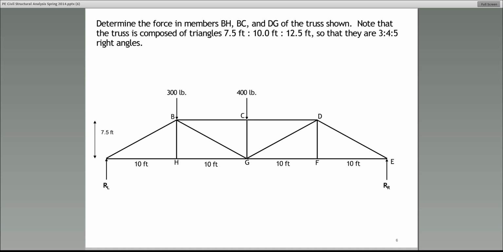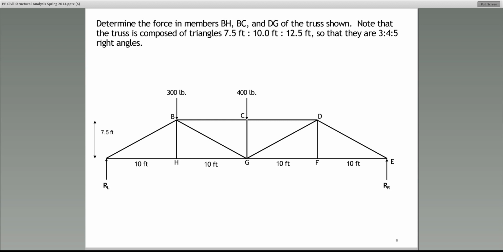Guys, what I need you to do now is help me analyze this truss. Next I want to show you how you can find the internal force in each truss member.